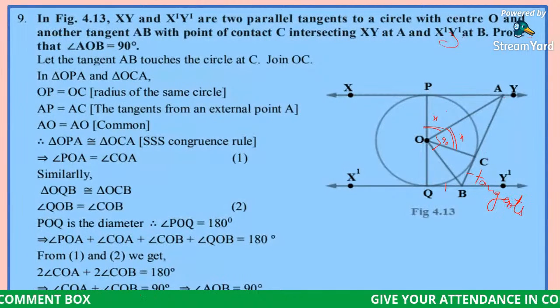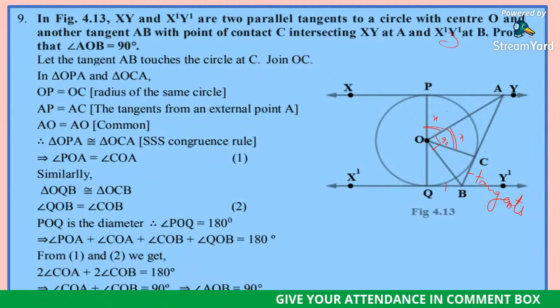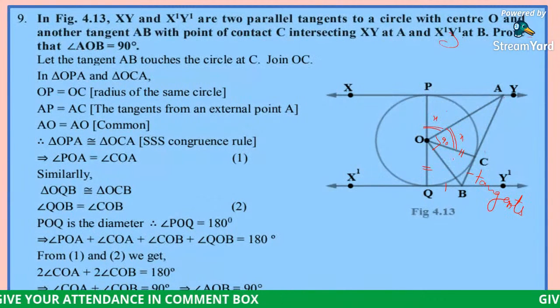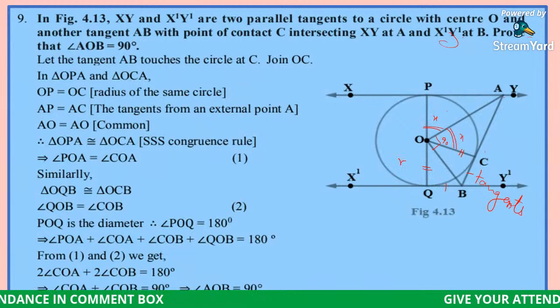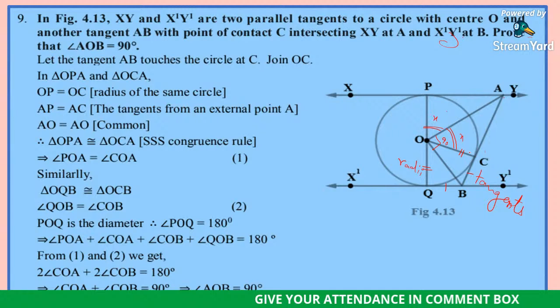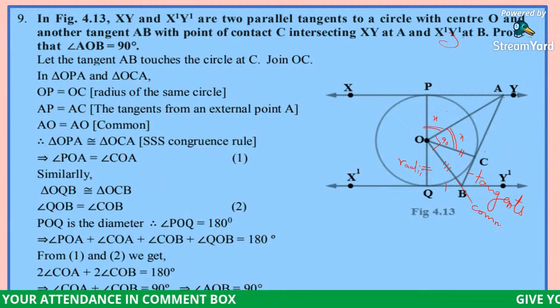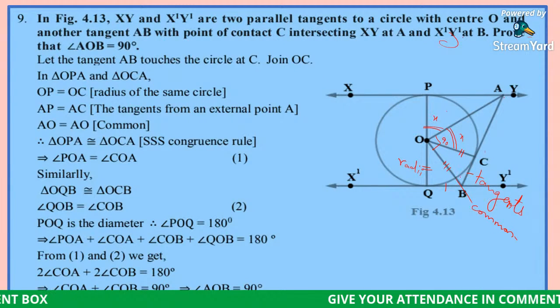Tangents drawn from an external point. And CO is equal to OQ because they are the radii of the same circle. Then this OB is a common side.